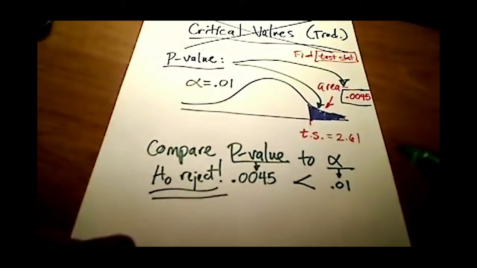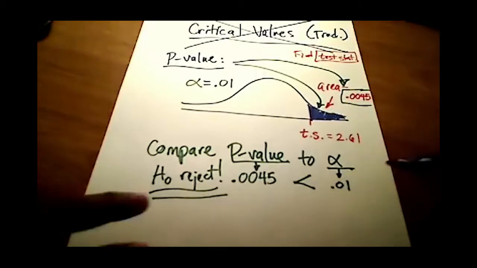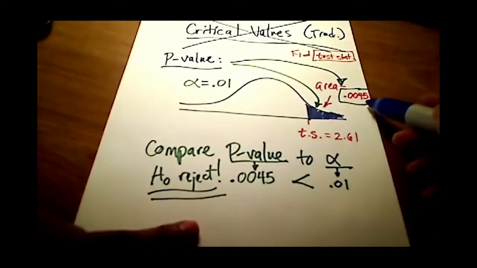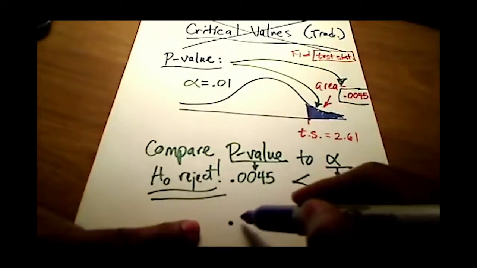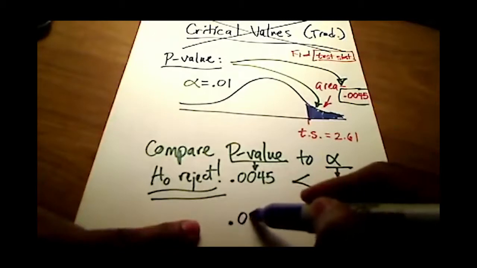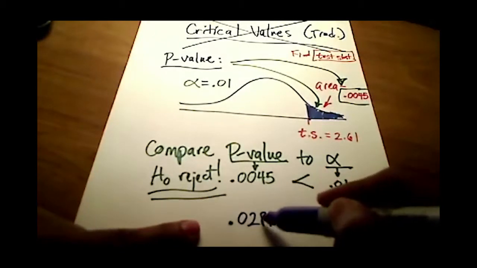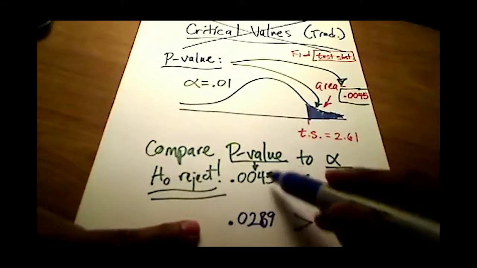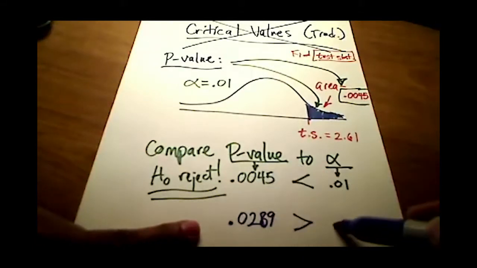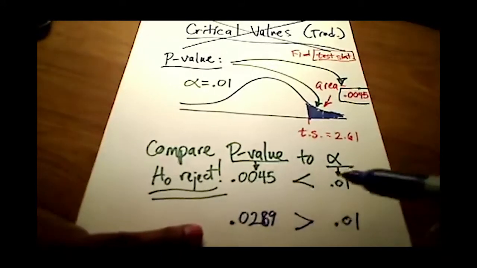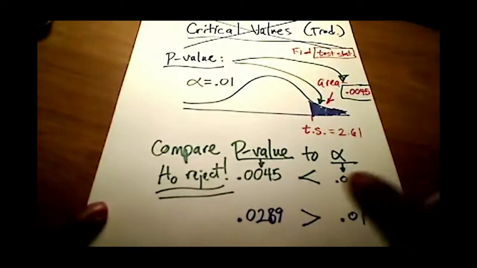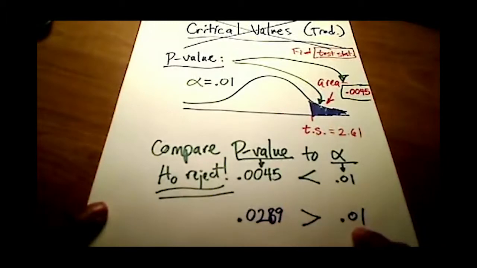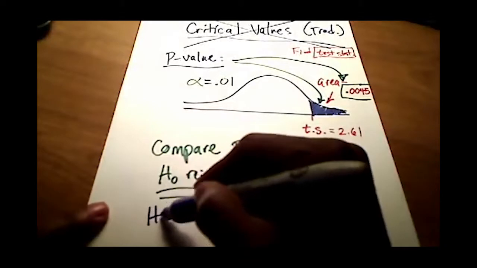What if our p-value was greater than our alpha? I know this is not the case here, but let's say we had a p-value of 0.0289 or something like that. In this case, our p-value would be bigger than our alpha of 0.01. So if your p-value is high, larger than your alpha, then the null must fly.